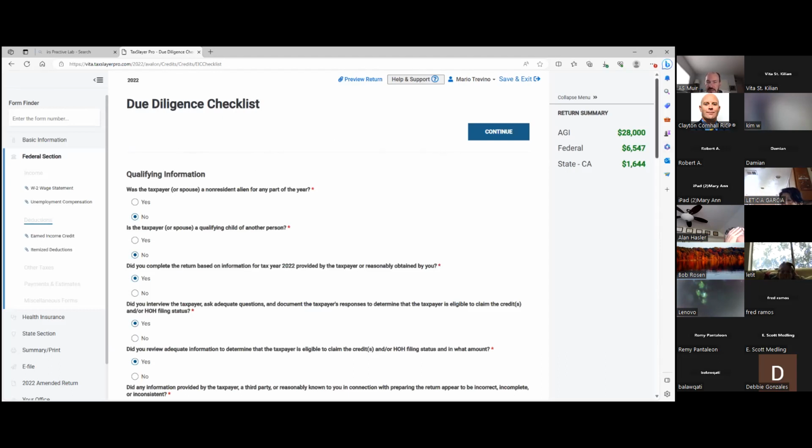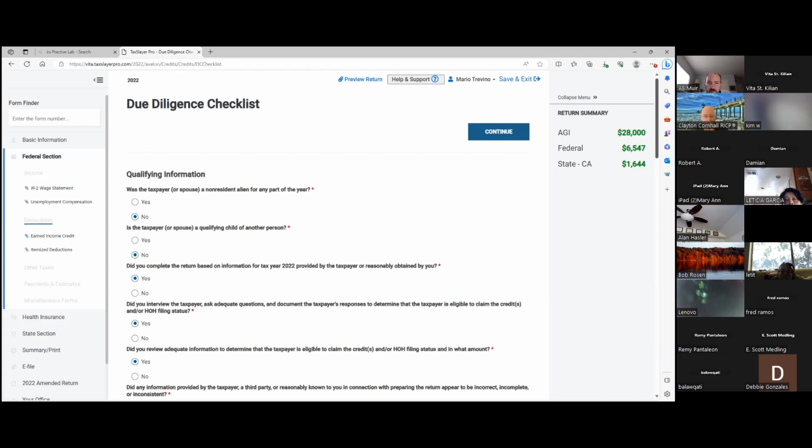And the whole idea is you collect the information, you verify the information, but VITA volunteers, if I remember correctly, we didn't do this in 2022, and we probably won't do it in 2023. And I think, Scott, if I go back to you, when you did your certification and used the 2023 software, did you see this checklist? One time I did, and then subsequently I did not, and I'm not sure why it appeared the first time.